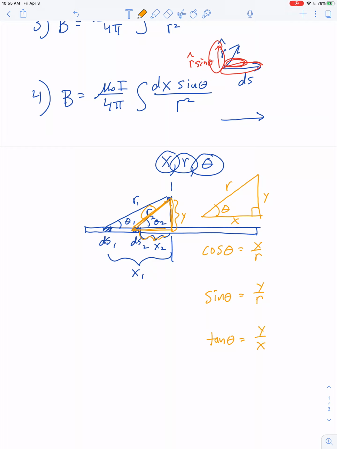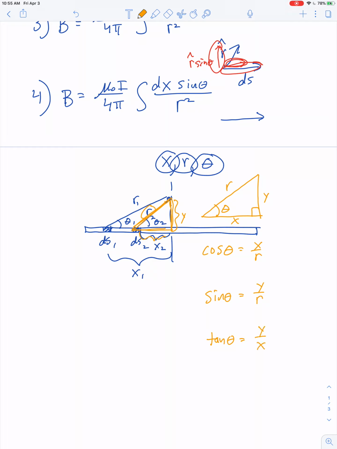But if we look back at our step number 4, we have an r squared, so r squared equals y squared over sine squared theta. Since this r squared is in our denominator, 1 over r squared is equal to sine squared theta divided by y squared.